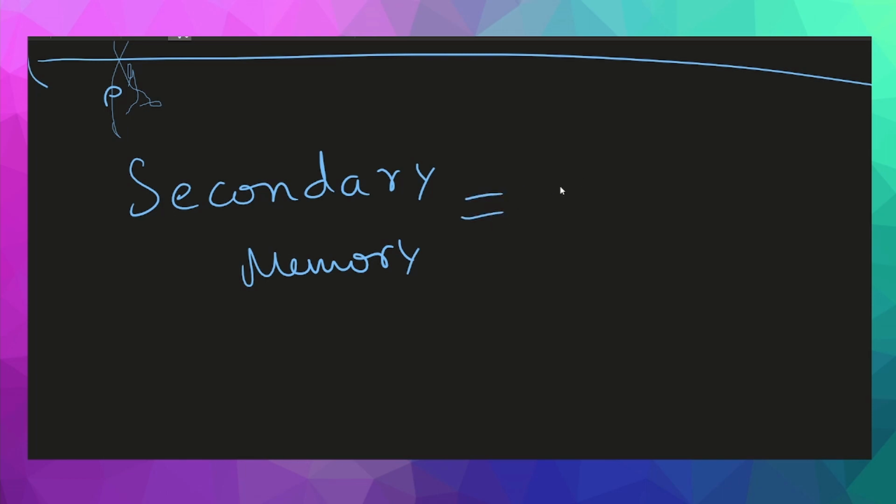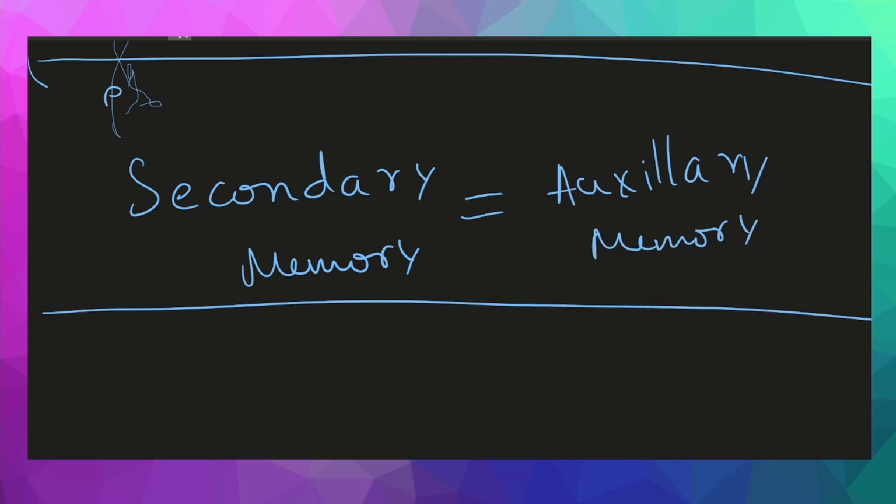Secondary memory is also known as auxiliary memory, right? And secondary memory consists of all the external devices such as hard disk, compact disk, pen drives, and all that stuff.